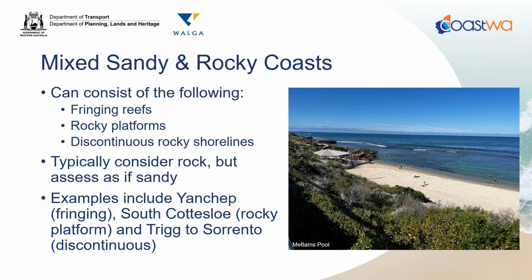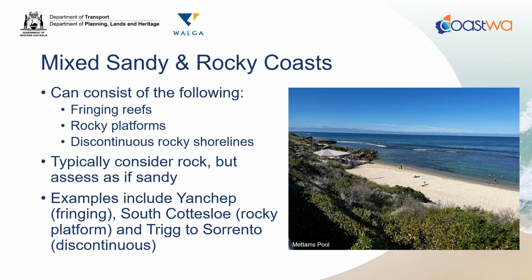There's also areas of mixed sandy and rocky coasts. These might consist of areas that have fringing reefs, for instance, rock or reef platforms on the beach, or reef systems just in the inshore areas. You might have rocky platforms on the beach, or it might be discontinuous rocky shorelines. So we've got maybe small headlands or areas where the rock is broken up or varies.